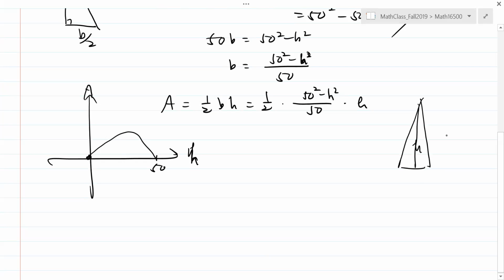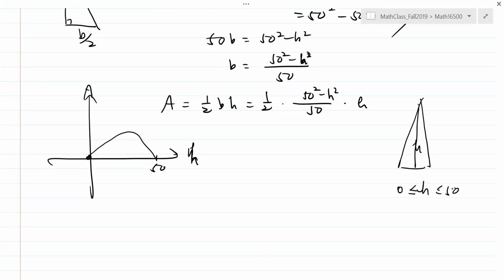The perimeter is 100, so h is between 0 and 50, because h is smaller than the sum of two sides, which is half of that, so 50. That's the range of h.